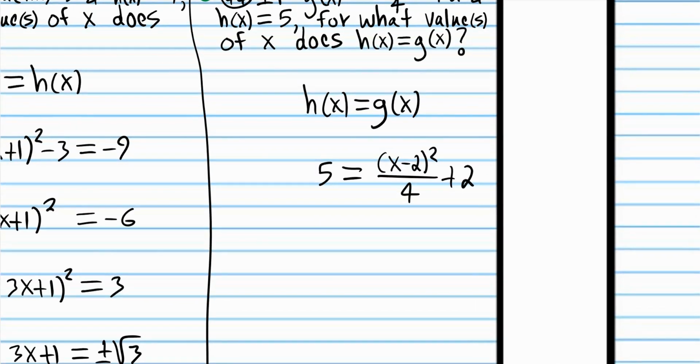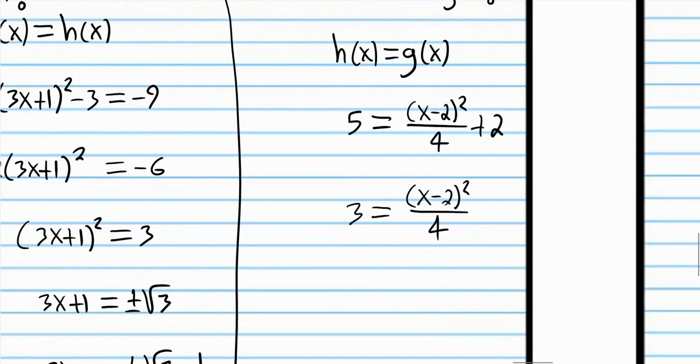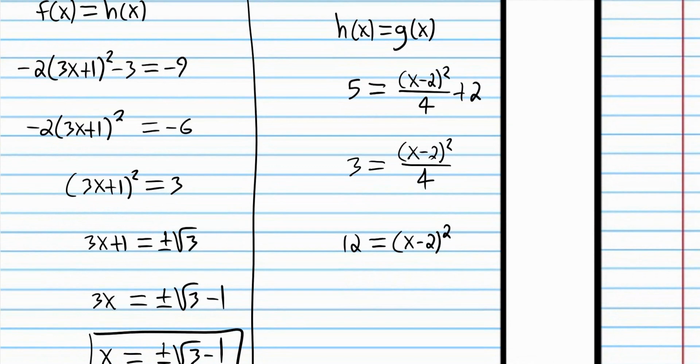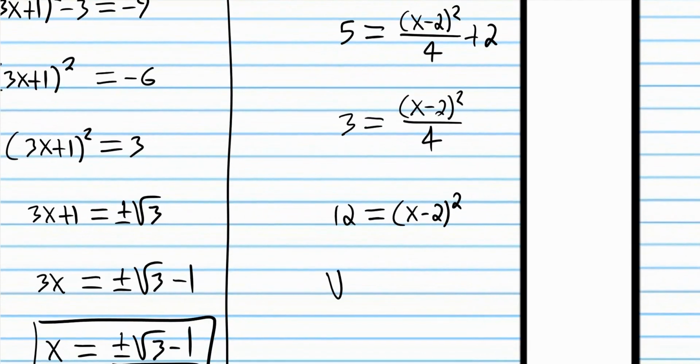I'm going to subtract 2 from both sides. And then I'm going to multiply both sides by 4. And then I'm going to square root both sides, and I have to write a plus or minus symbol when I do that.